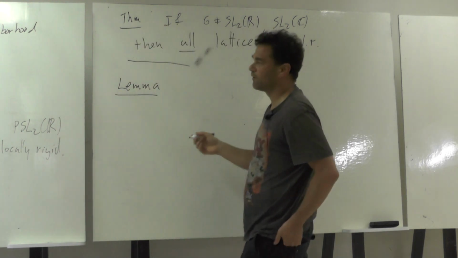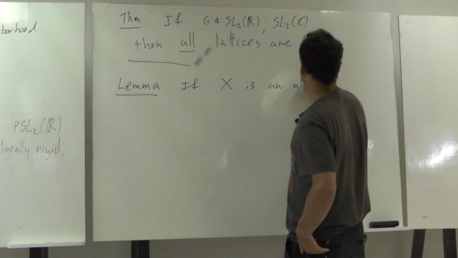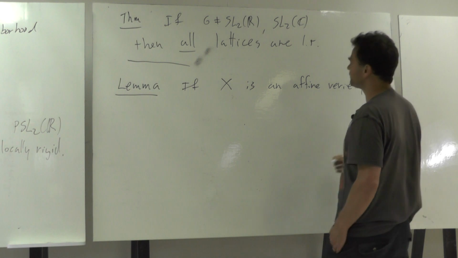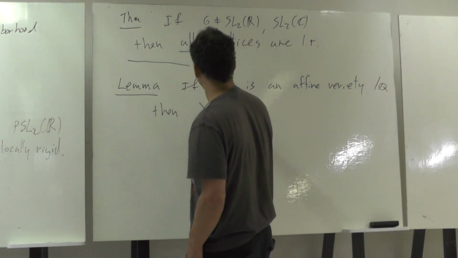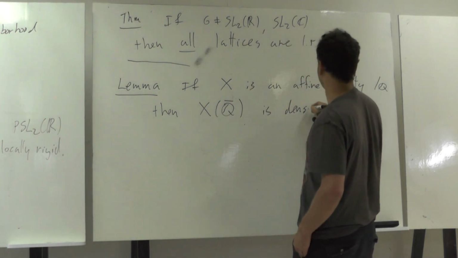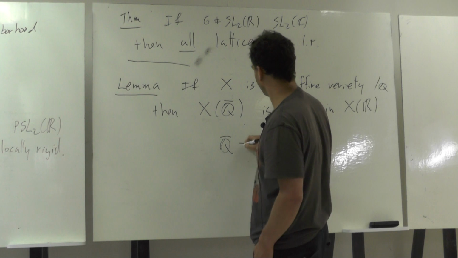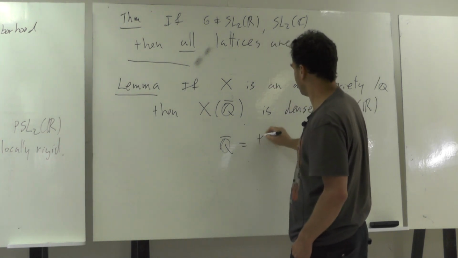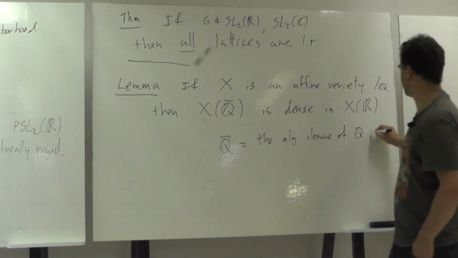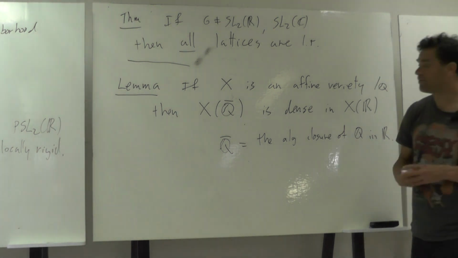In algebraic geometry, if X is an affine variety defined over Q, then X(Q bar) is dense in the Hausdorff topology in X(R), where Q bar is the algebraic closure of Q in R. And this lemma is not very hard.